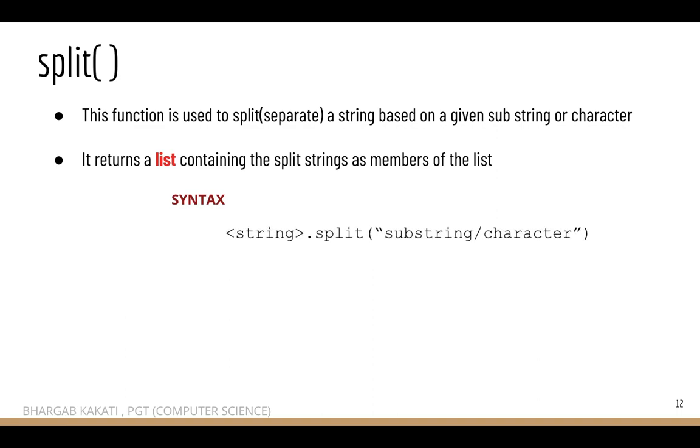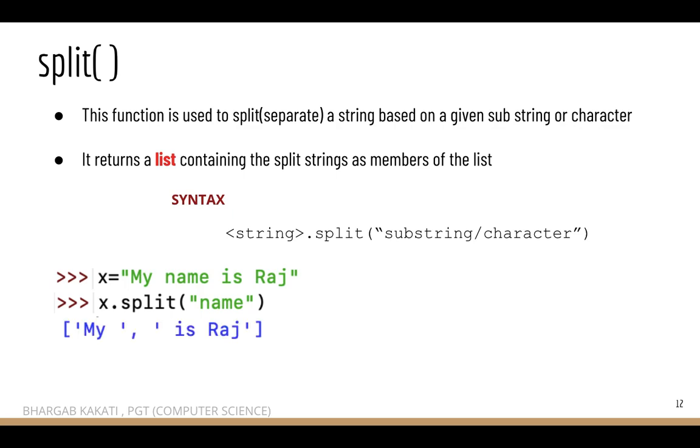The syntax is pretty similar to the partition function: string.split, and within braces we need to give the substring or the character. For example, if I write x equals "my name is Raj", then in the next line if I write x.split with "name", the string will be split at the substring "name". But here the difference is that in the partition function the separator also came in the output, but here the separator or the substring will not appear in the output.